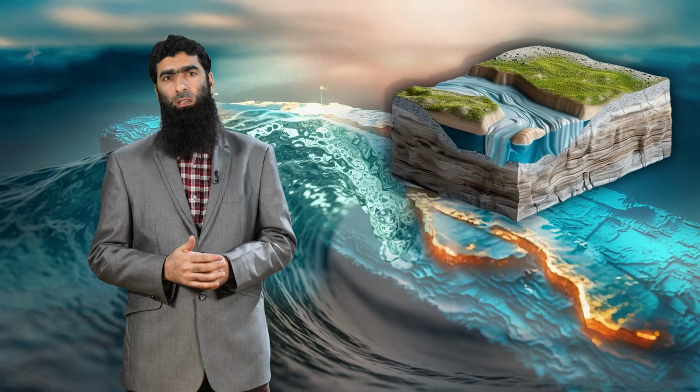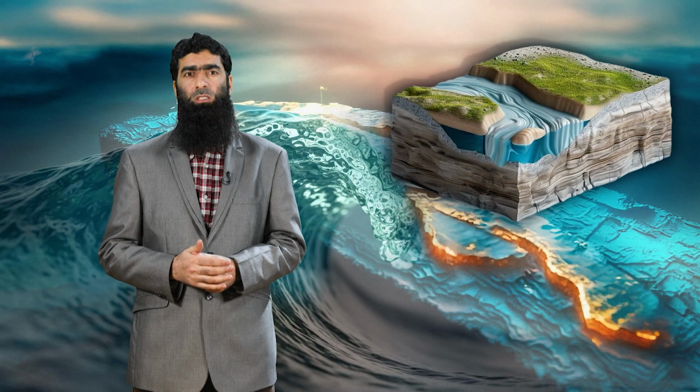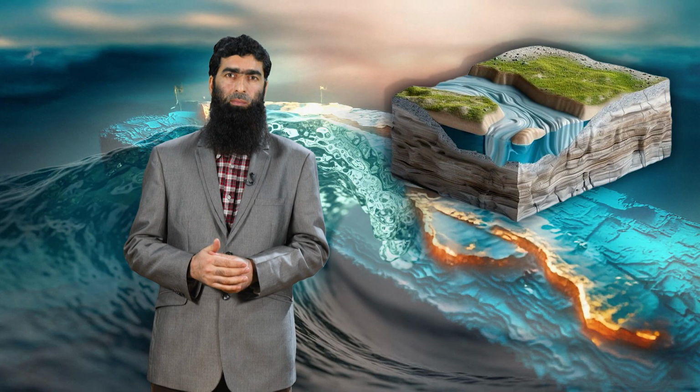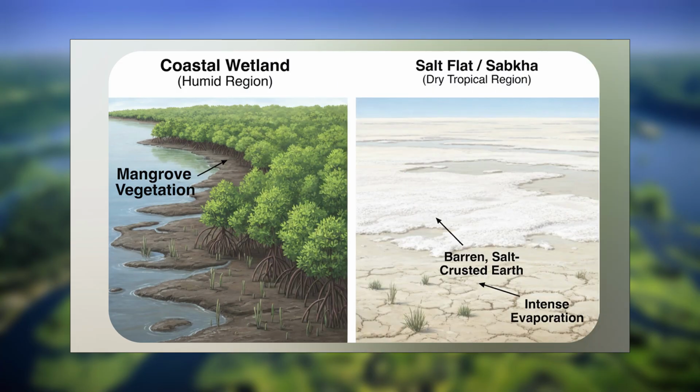Sundarbans in West Bengal, India is one of the largest mangrove environments in the world. Similar low relief flats in coastal areas of dry tropical regions are called salt flats or sabkhas. These salt flats, owing to the intense evaporation, are barren, dry, and salt crusted, unlike the coastal wetlands in humid regions.